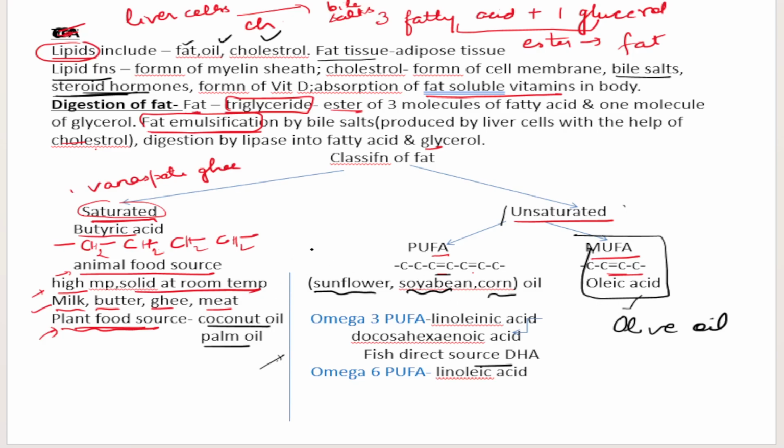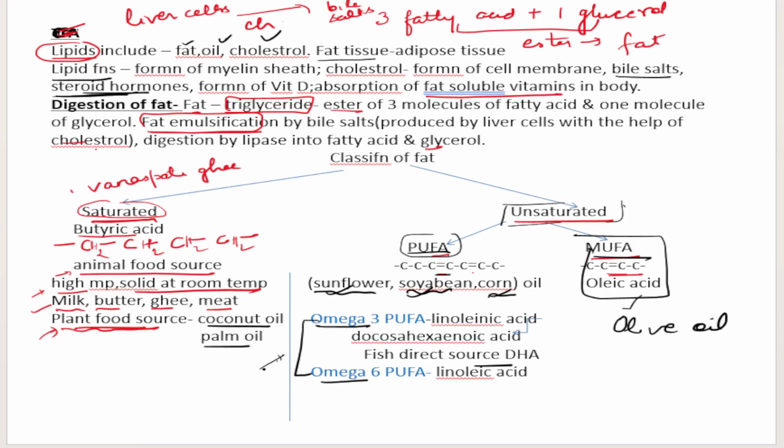Now we'll just revise it in brief. Unsaturated fats are of two types: polyunsaturated fatty acids and monounsaturated fatty acids. In polyunsaturated fatty acids, examples include sunflower oil, soybean oil, and corn oil. And two essential polyunsaturated fatty acids include omega-3 and omega-6.